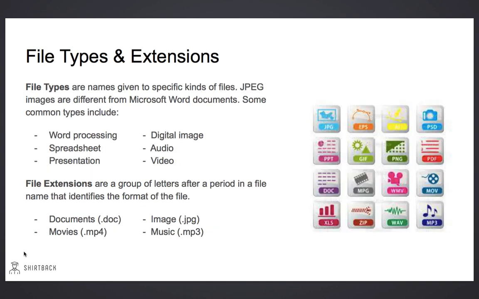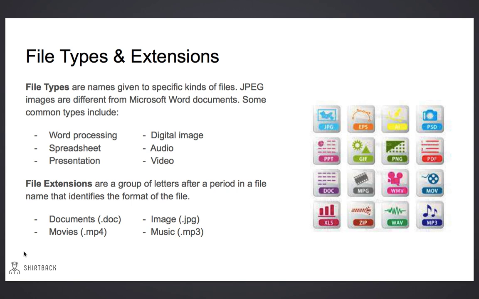File types are the names that are given to specific kinds of files. Image files such as JPEG are going to be different from Microsoft Word documents. Be familiar with common file types, including word processing, spreadsheets, and presentations, digital images, audio, and video.